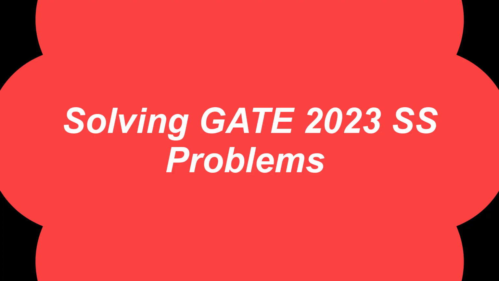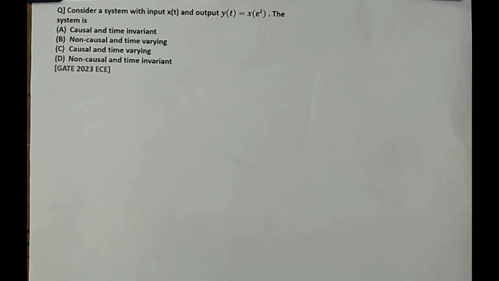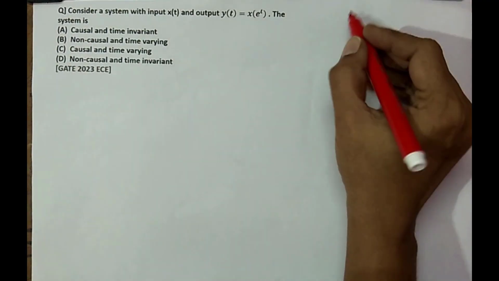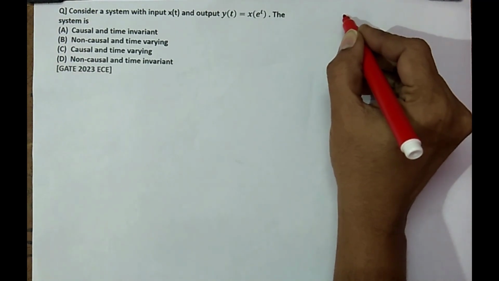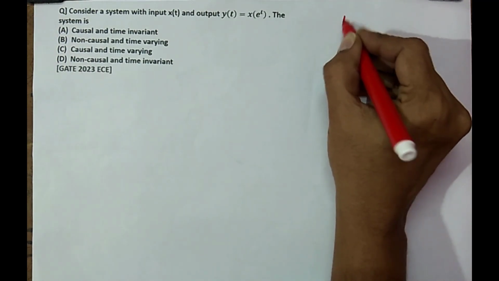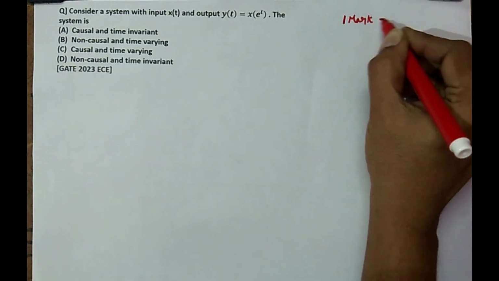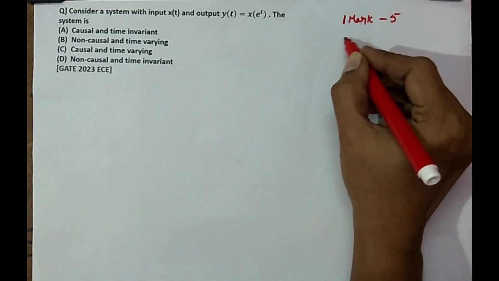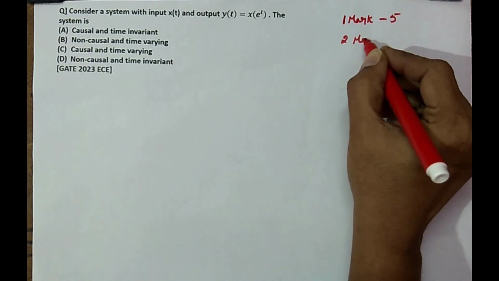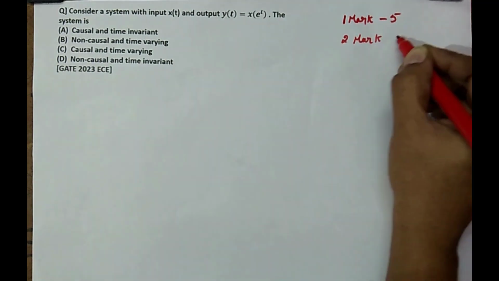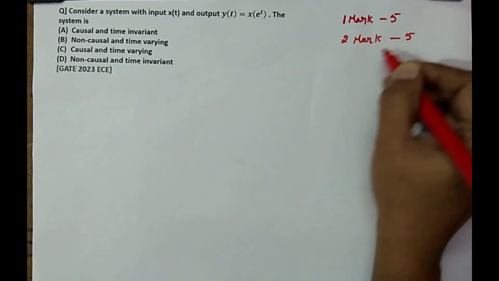2023 problem solving session on signals and systems. Totally in GATE 2023, from SS, 1 mark questions are 5, 2 mark questions are 5.